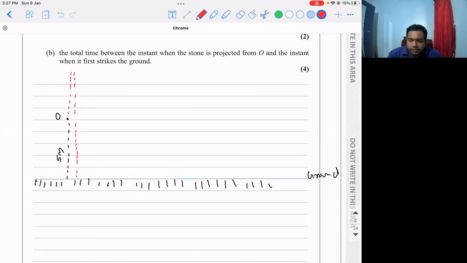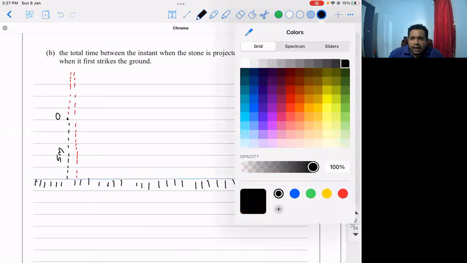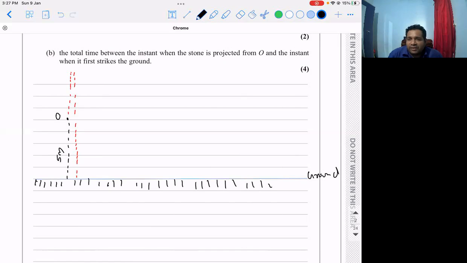Now, the first question is to find the speed at a point which is 2 meters above the ground. From common sense, it is very clear that that point will not be above O, because O itself is 5 meters above the ground, correct? So somewhere here is our required point, such that this satisfies our condition.